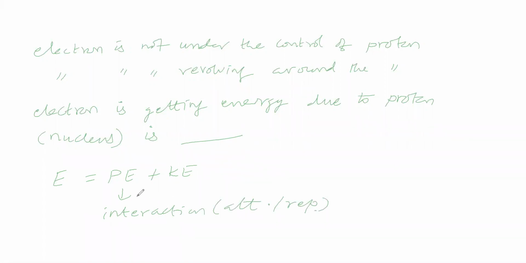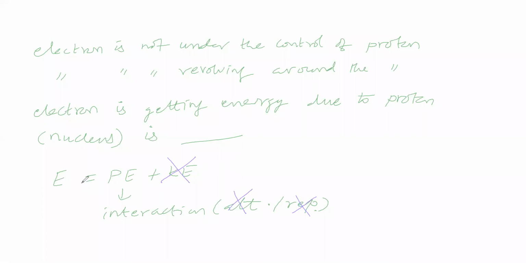Now, between electron and proton, the distance is infinity, so attraction is not there and repulsion is not there. The electron is not revolving around the proton, not moving.